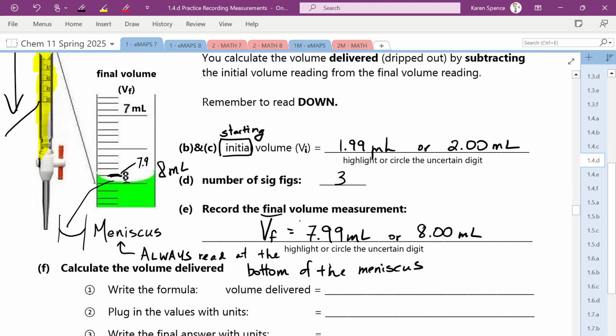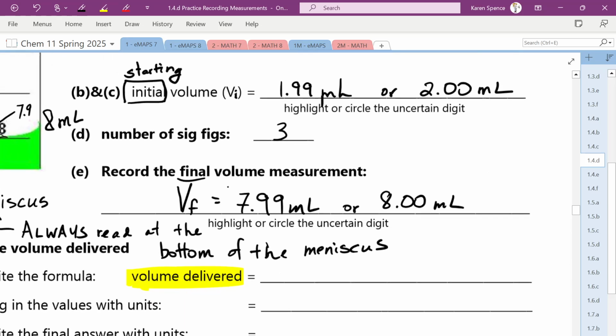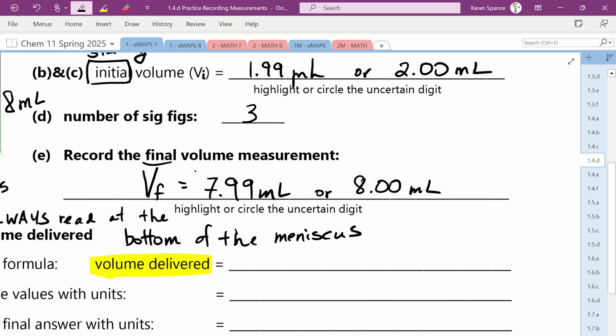Now, if you're going to calculate the volume delivered, that is the amount dripped out. The volume delivered is going to be the final volume minus the initial volume.